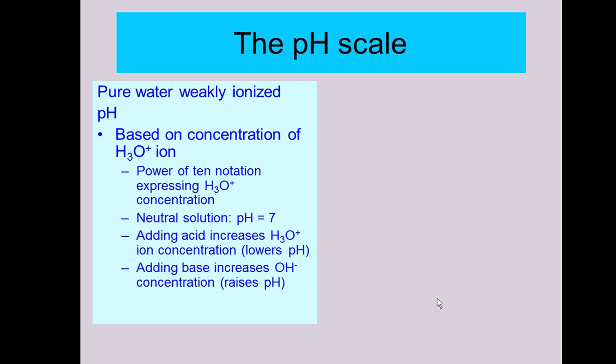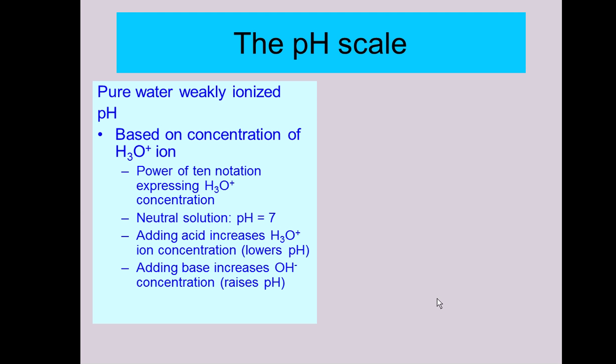The key thing to remember here is that how acidic or how basic any solution is depends on the hydrogen ion concentration, or the concentration of the protons, because hydrogen ions and protons mean the same thing. So if you know how many hydrogen ions are there in a solution, you know the pH of the solution.